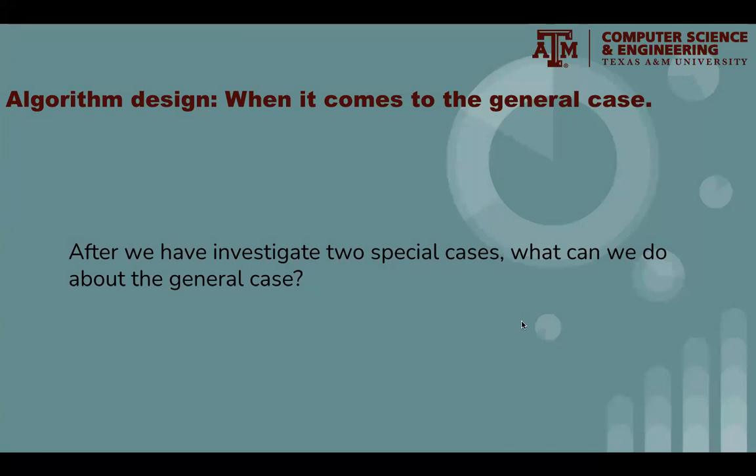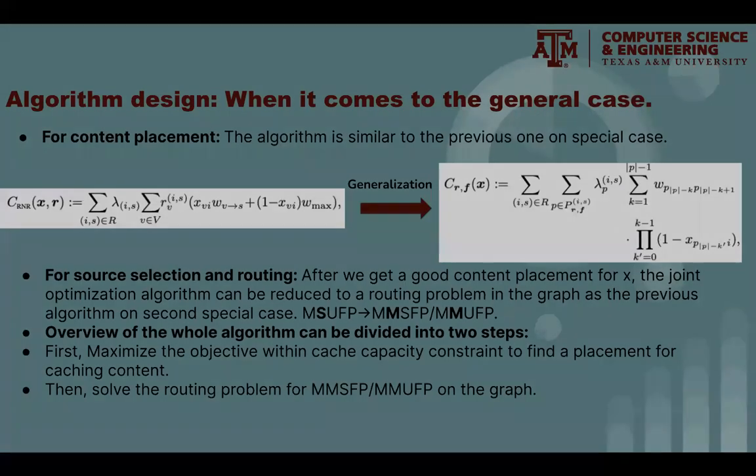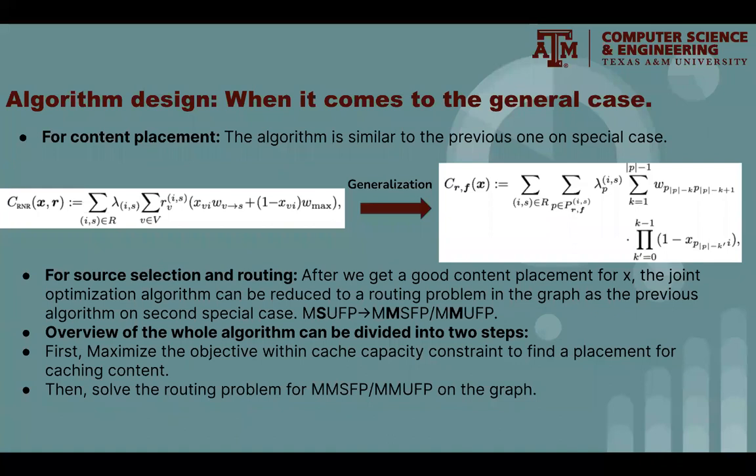After we have introduced the two special cases that have some relaxation, we may ask, when it comes to the general case, what can we do? For the general case, we need to make some modifications to the special case algorithms.